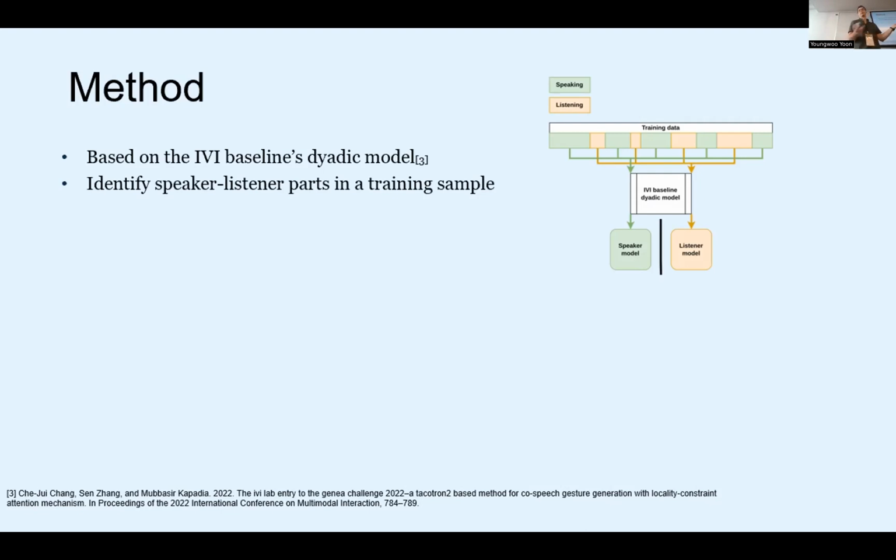We first, at the training level, identified when the main agent is speaking or listening, took all the encodings that the IVI baseline provided, so MFCC, prosody, FastText encoding, etc., and then trained two models.